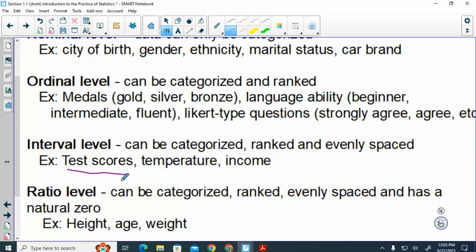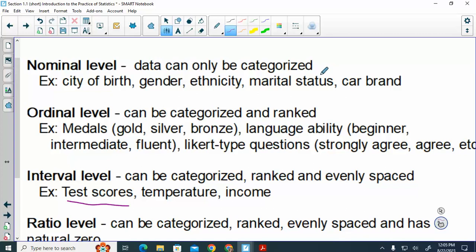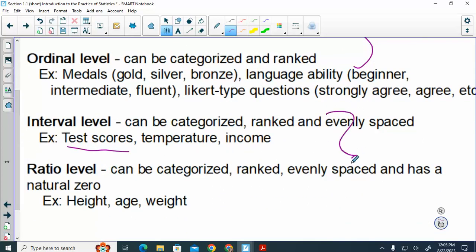You could have a negative. We just don't usually see those. So that would be one that you could argue your point either way. In general, nominal and ordinal are usually your qualitative data, and interval and ratio are typically your quantitative data.